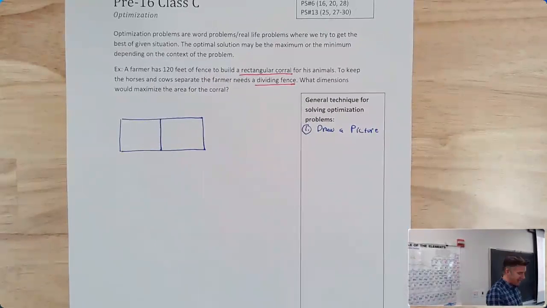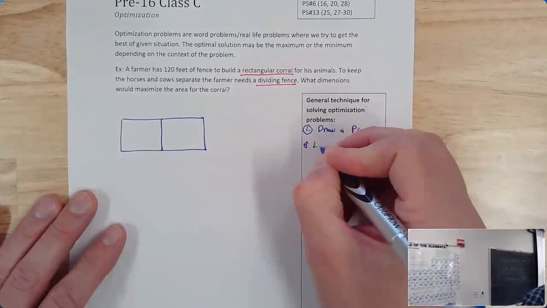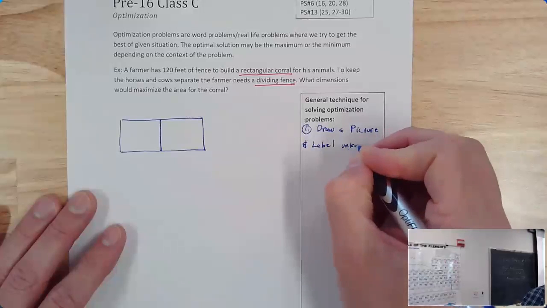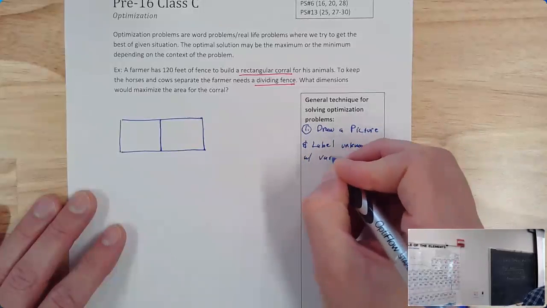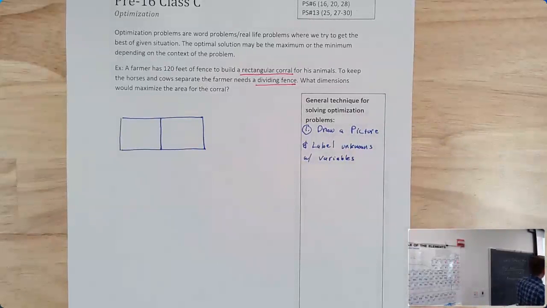It is rectangular. And now we want to label the unknown things with variables. Because we're being asked, what dimensions would maximize the area for the corral? Which means we don't know what the dimensions are. So if there's something we don't know, we typically want to give it a variable name.